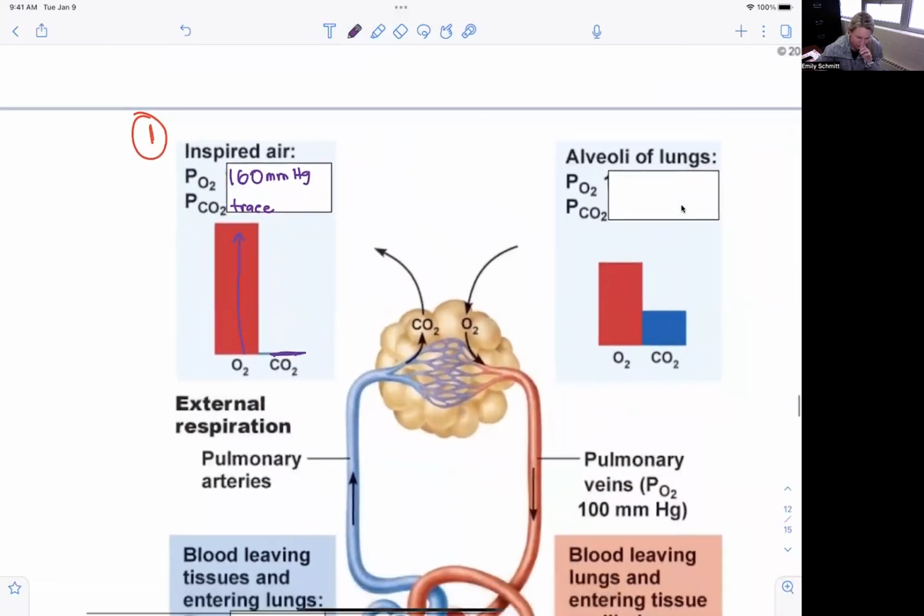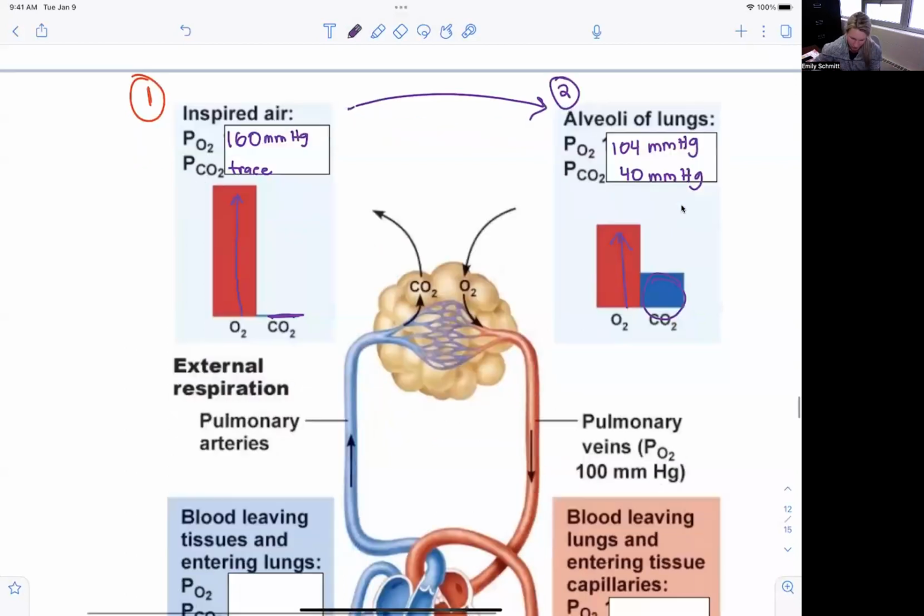So as we bring in this atmospheric air at sea level for this example, we then go to number 2 for our gas exchange. So our alveoli of the lungs, where our partial pressure of oxygen is 104 millimeters of mercury, whereas our partial pressure of carbon dioxide is 40 millimeters of mercury. And again, you can see depicted here that we do have a greater partial pressure of carbon dioxide in the alveoli.